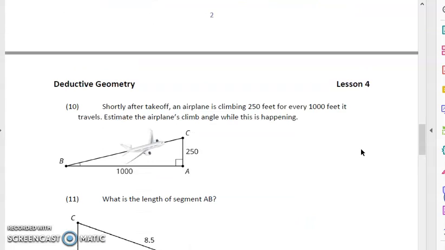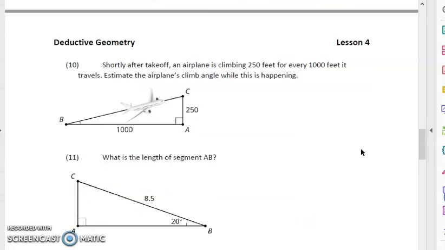When you get to the third page, this is where you're going to actually use the table and apply it in a very similar way to what we did with the 45-45-90 and the 30-60-90 last week. I'll talk specifically about the 30-60-90.